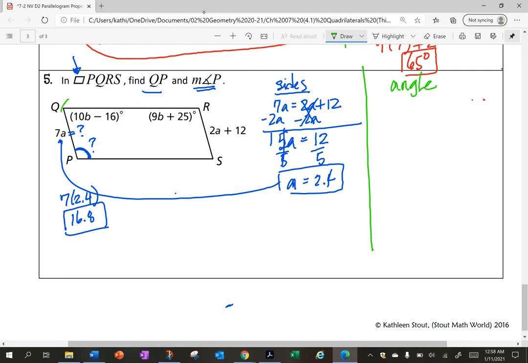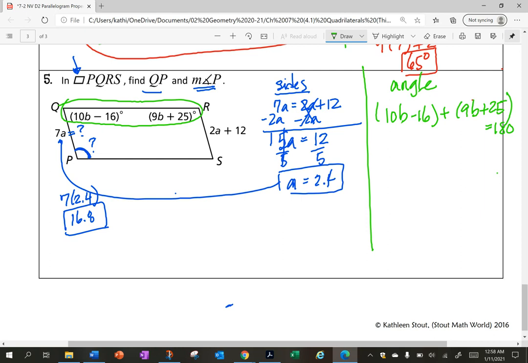So I have two consecutive angles. So I know when I add my two angles together, they total 180. So my equation is 10b minus 16 plus 9b plus 25 equals 180.